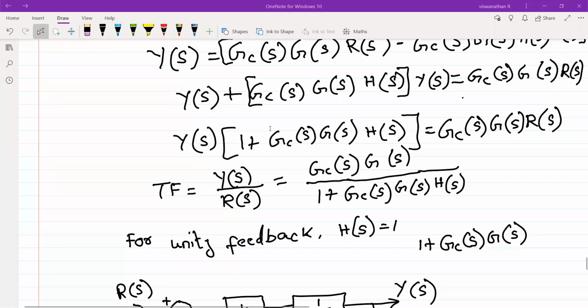Can somebody explain what a transfer function is? Can someone explain what a transfer function is, instead of just output by input? Can you explain a little more on the transfer function?